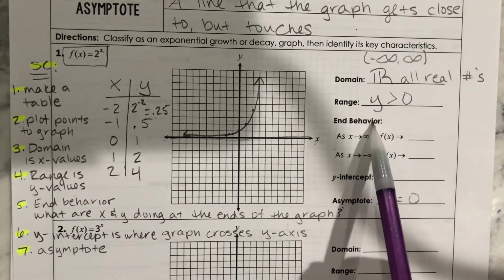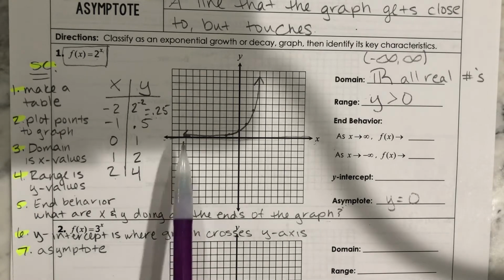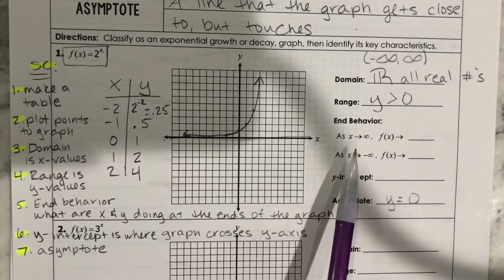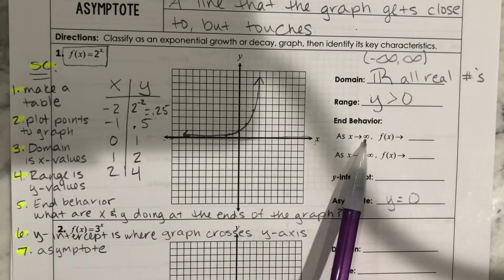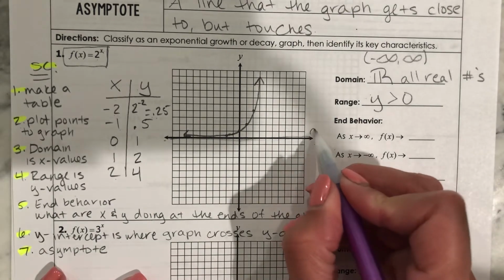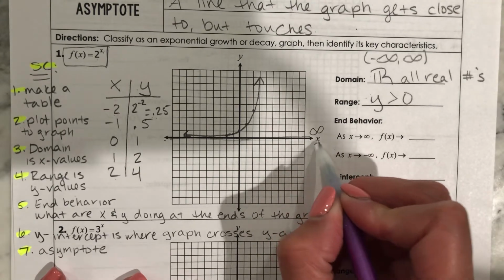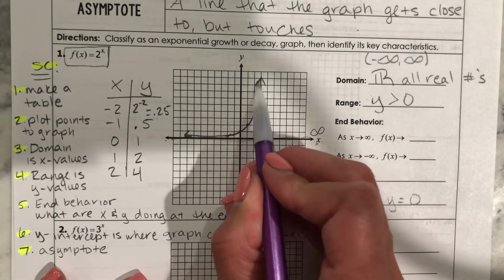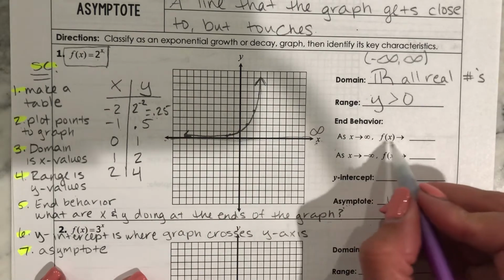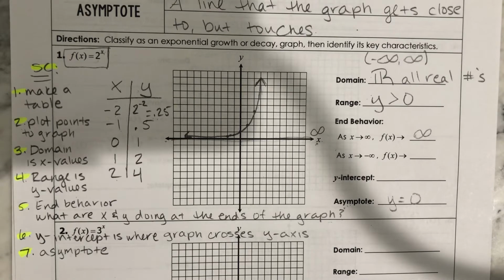Now I need to find my end behavior. So what are x and y doing at the ends of the graph? I'm looking at the ends, and I want to know what is x doing and what is y doing. As x approaches infinity, which would be over here on the right side, what is y doing? Well, it's going up. So f of x, or y, is also approaching infinity.